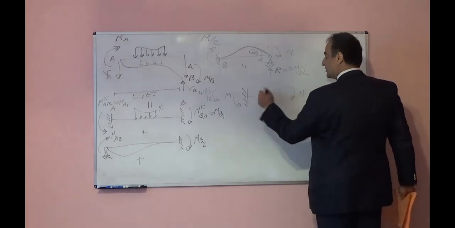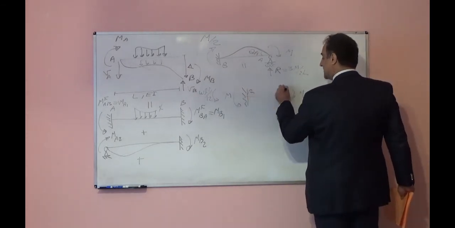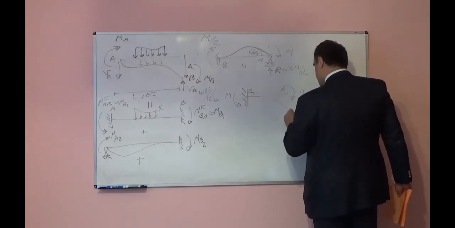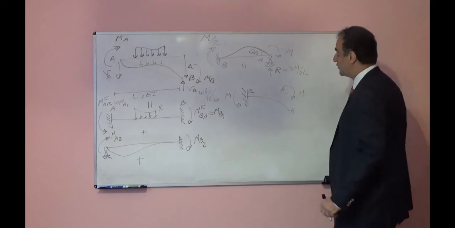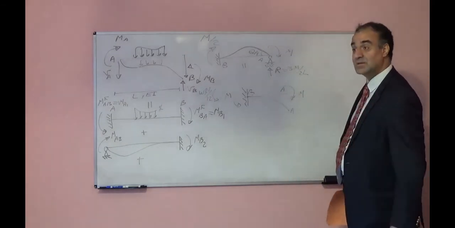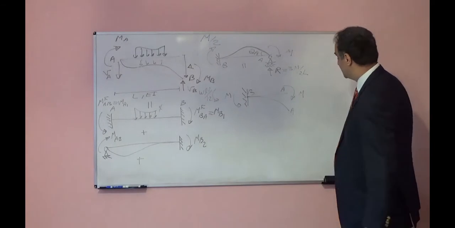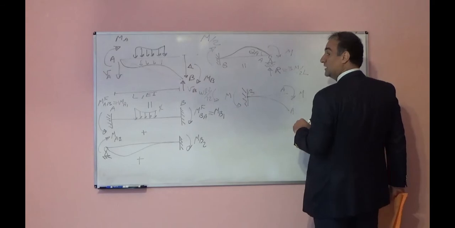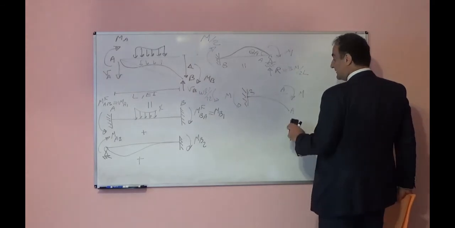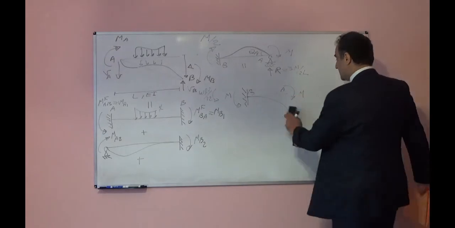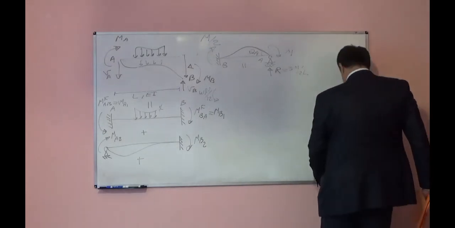Because this point, for example point A, can move down. So both reactions will be equal. One of them will be clockwise, another one counterclockwise.